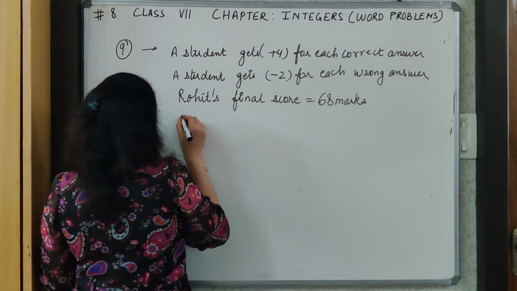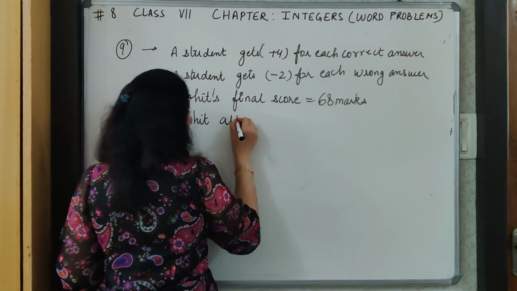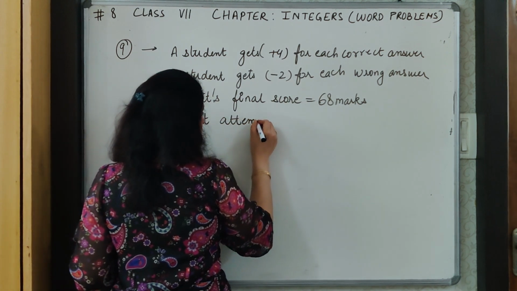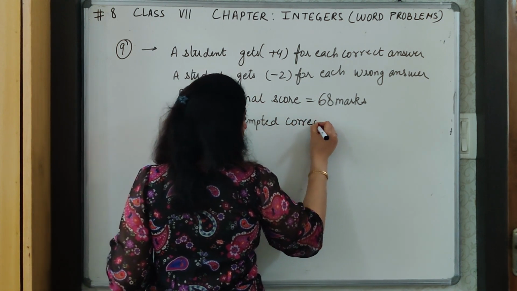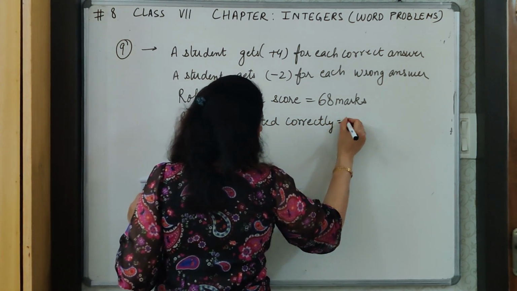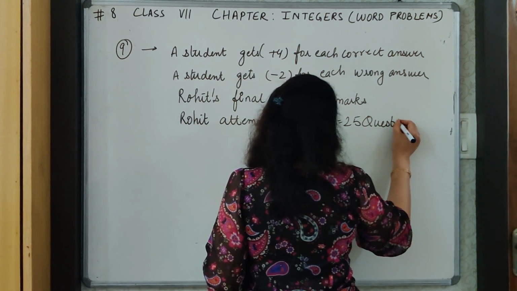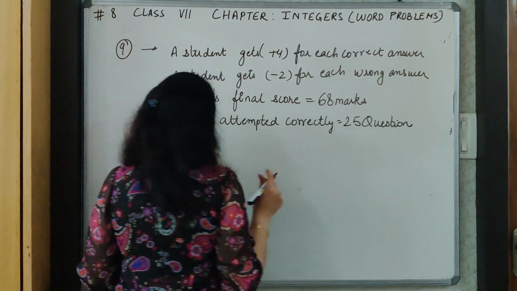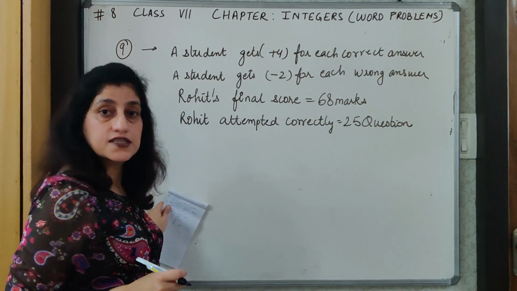And Rohit attempted 25 questions correctly. We have to find how many questions he attempted wrong, given that he has got 68 marks.